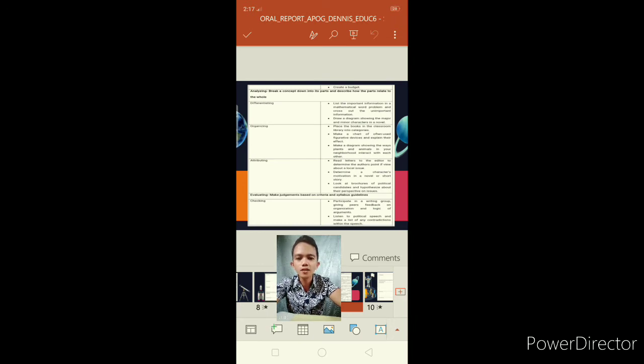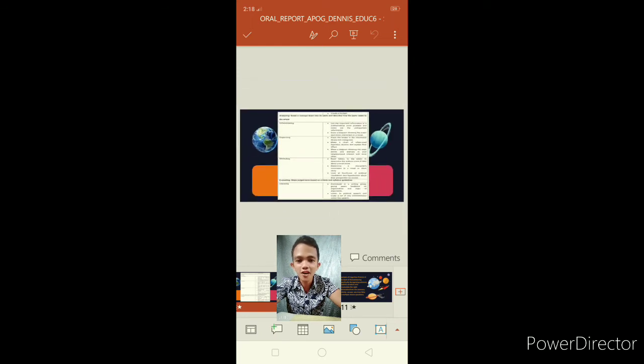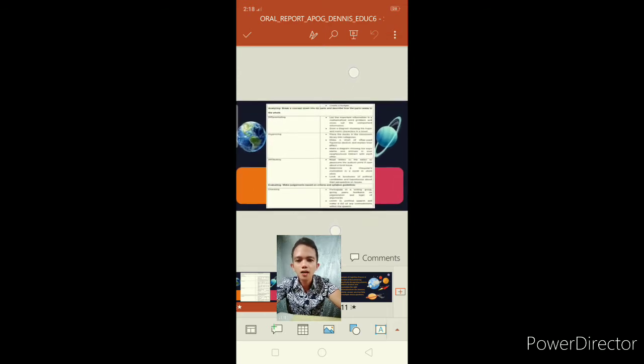Draw a diagram showing the major and minor characters of a novel. Place the books in the library in two categories. Or they could determine characters' motivation in a novel or a short story.